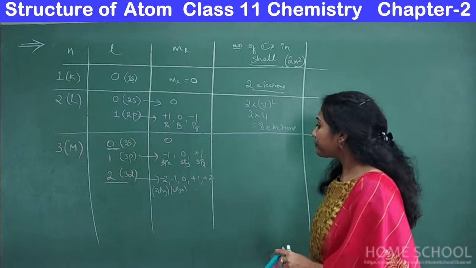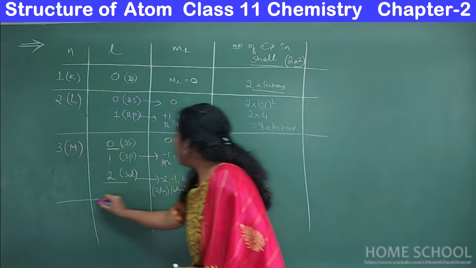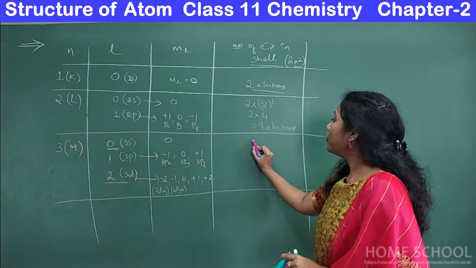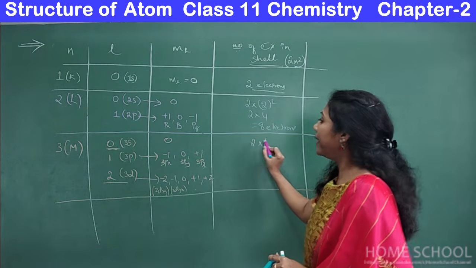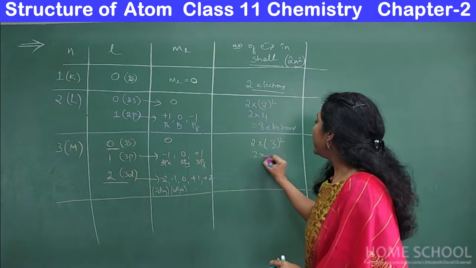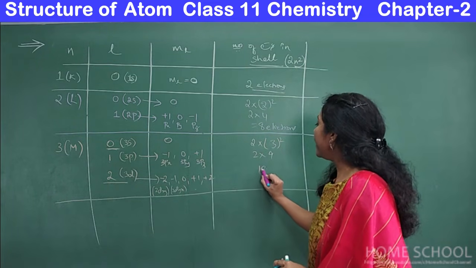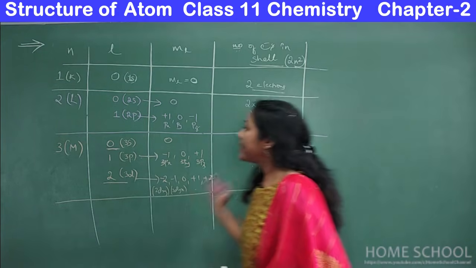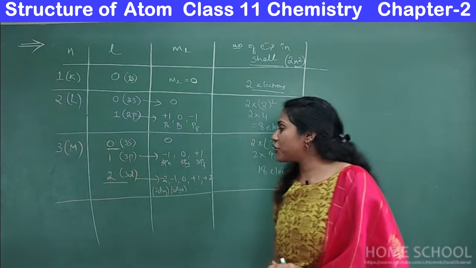Here, can you tell me how many electrons can be present? Use the trick, 2n square, where n here is 3. So 3 square, so 2 into 9, that is 18. So 18 electrons can be present in the third main shell.